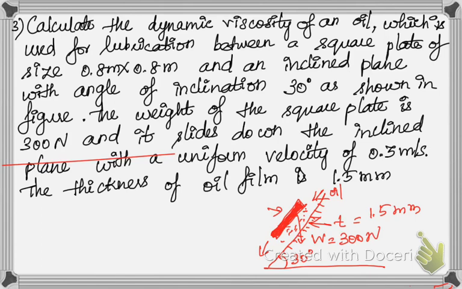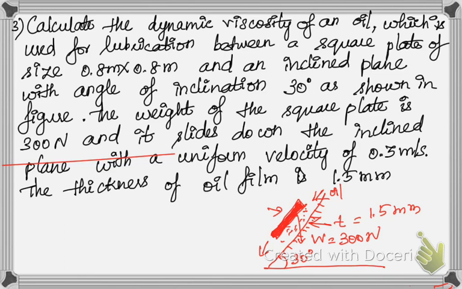The next problem is to calculate the dynamic viscosity of an oil which is used for lubrication. So here again we are coming to the lubrication part, as I have mentioned earlier. This is something like a lubrication oil. It is in between a square plate of size 0.8 meter into 0.8 meter, and it is located on an inclined plane with angle of inclination 30 degree, and a figure is given to you already.